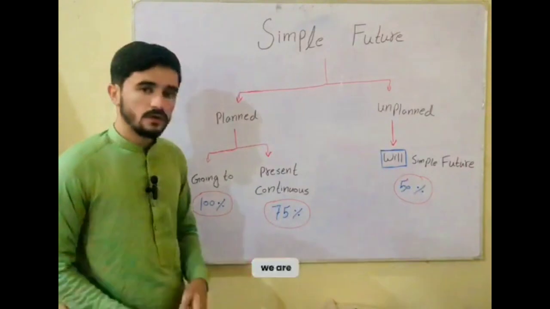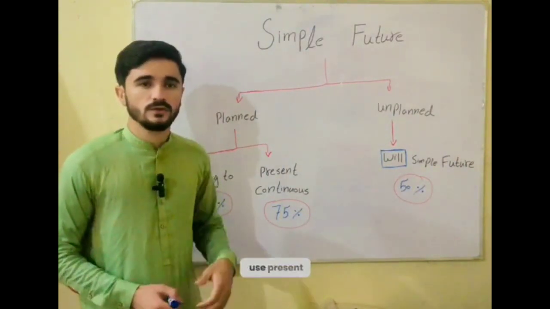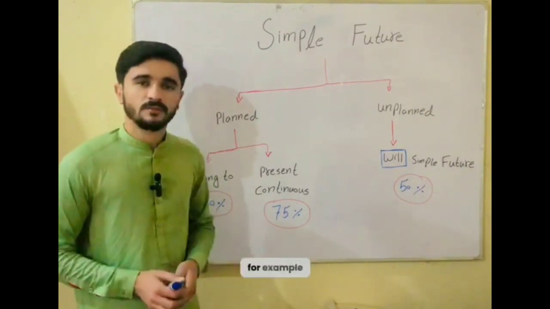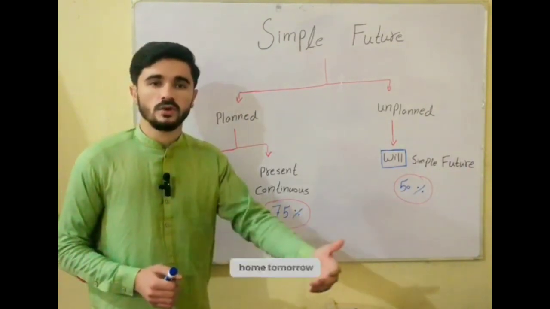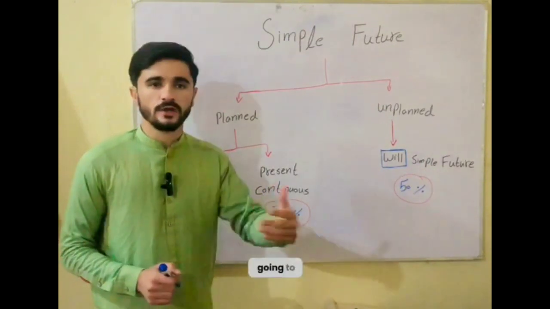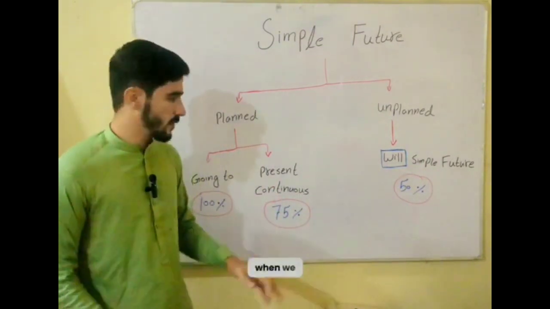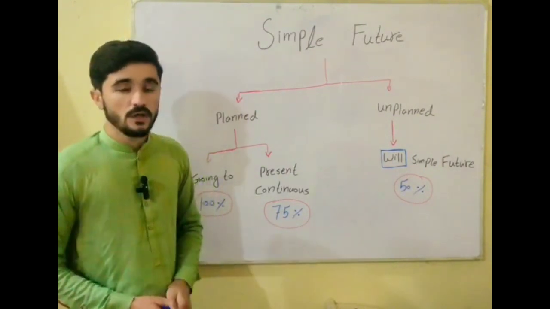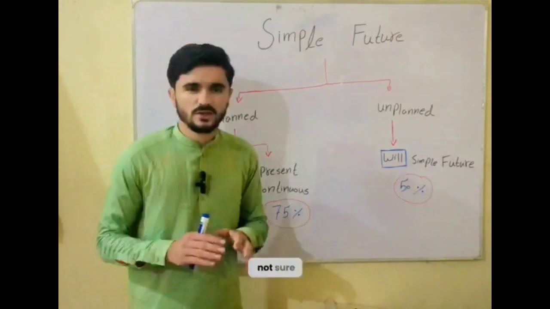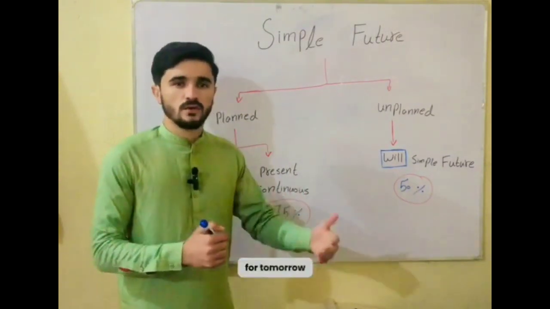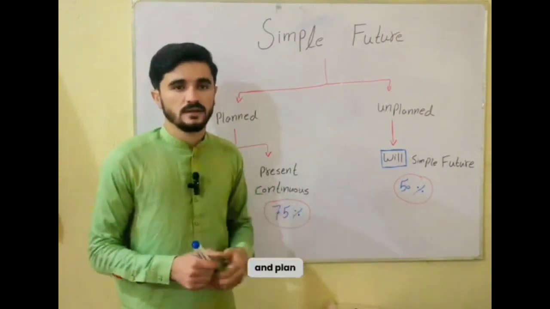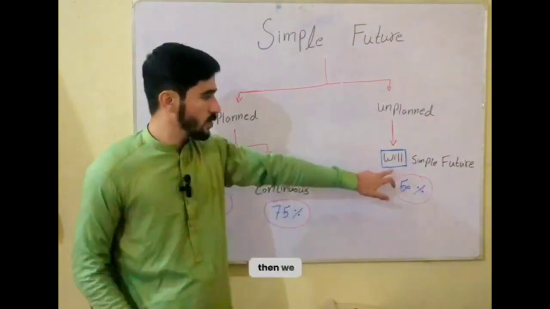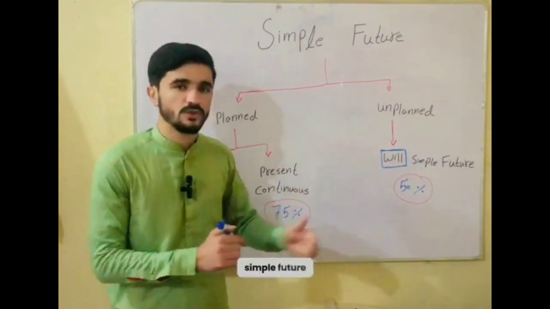And when we are 75% sure, we use present continuous tense. For example, I am going home tomorrow. And when we are not sure about tomorrow's work, when it is unplanned, not planned already, then we use will, simple future will.